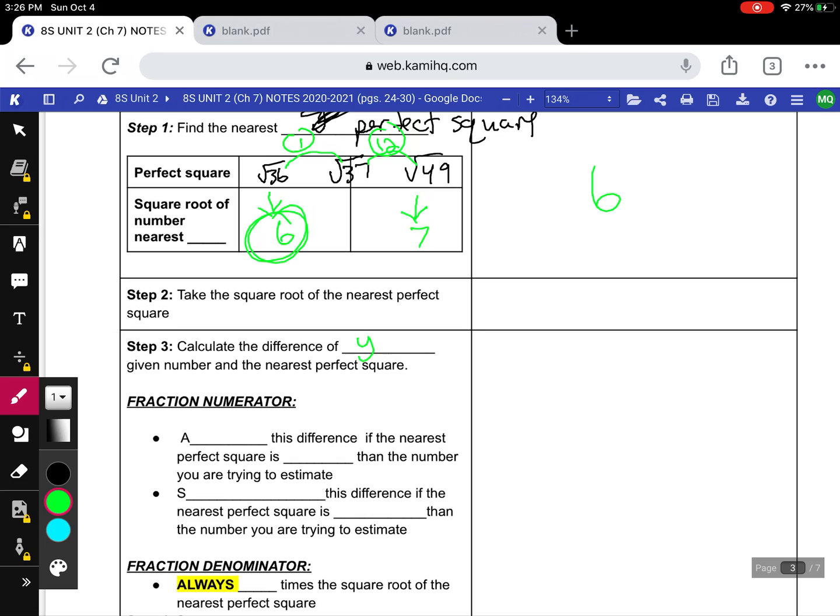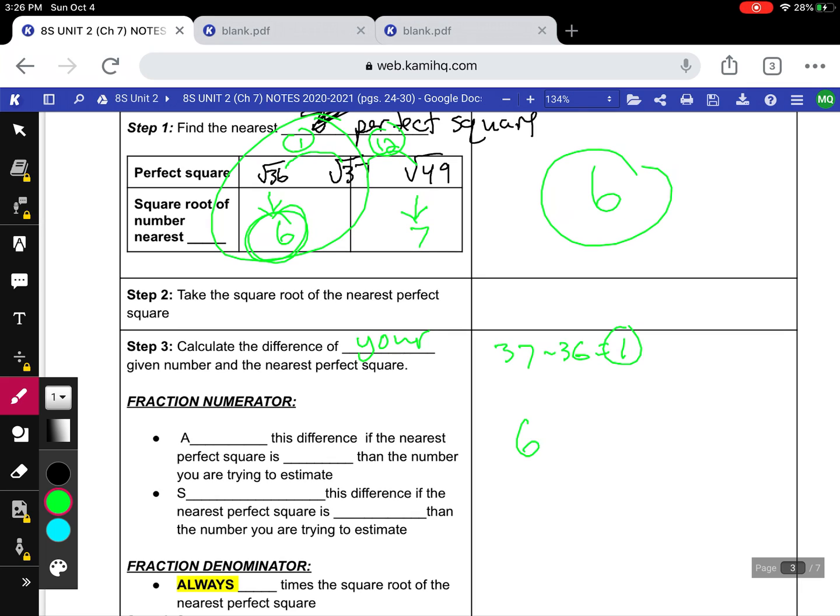and you kind of have to do some memorization. Okay, it says calculate the difference of your given number and the nearest perfect square. Okay, we did that. Remember we took 37 minus 36 to get 1. There is 1 unit between the nearest perfect square. Okay, now fraction numerator.